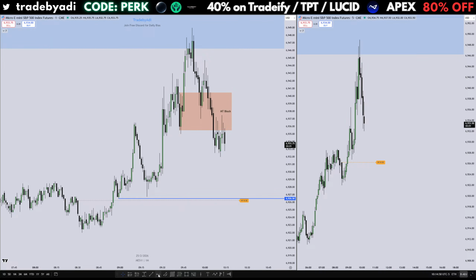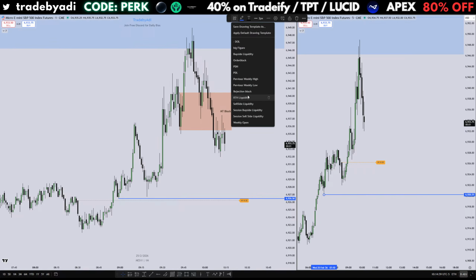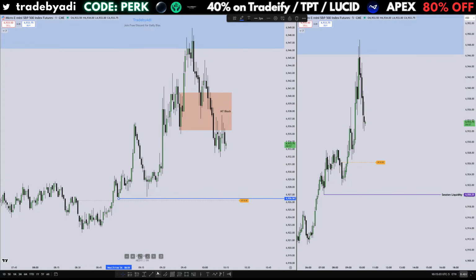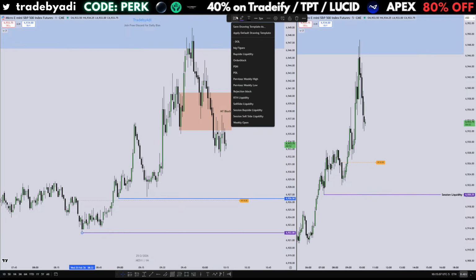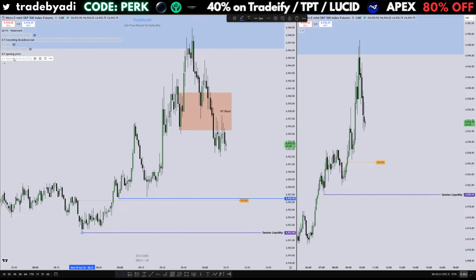And I will mark the session liquidity also, this low. And these are the equal lows, and I will also mark the 830 low. Let me use the opening range also.